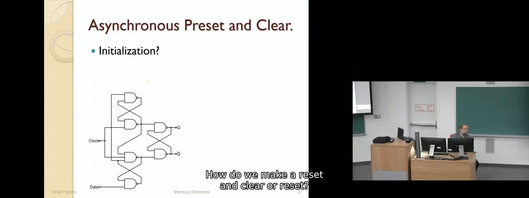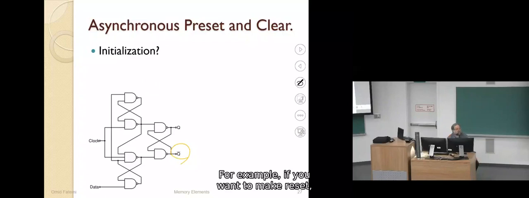So how do we make a reset or clear, they are the same, or a preset, set or preset are the same? How do we do that? For example, if you want to make a reset, then reset means Q bar gets 1 and Q gets 0. How do we do that? It could be easy with this design.